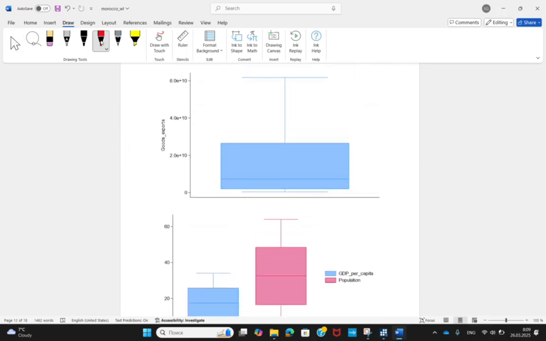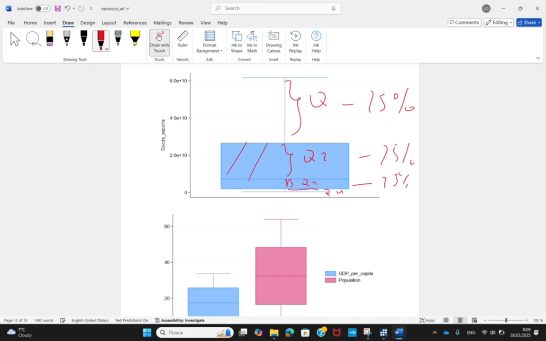Exporting goods. Q1, Q2, Q3, and Q4. Each of them is 25%. This area and this area are equal to each other.